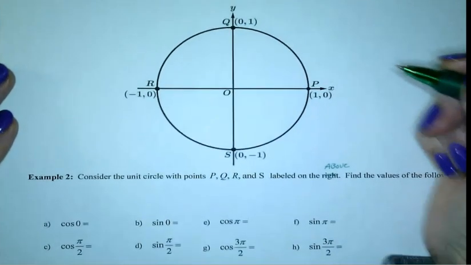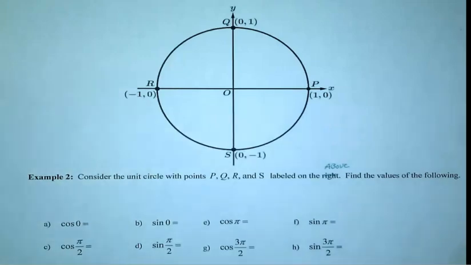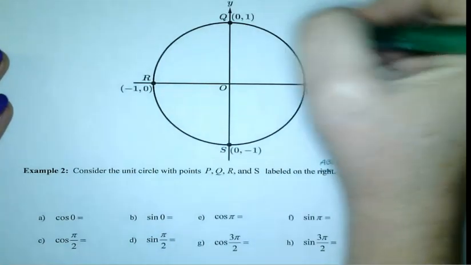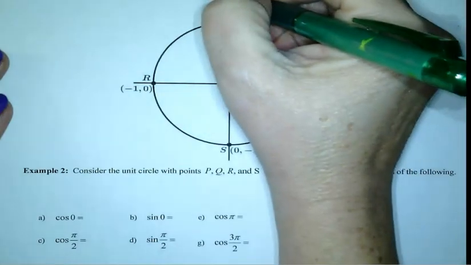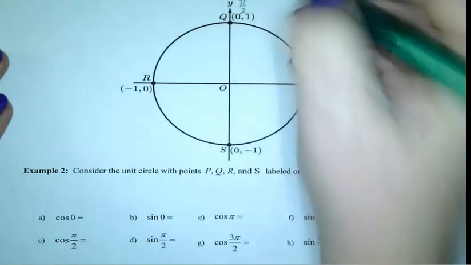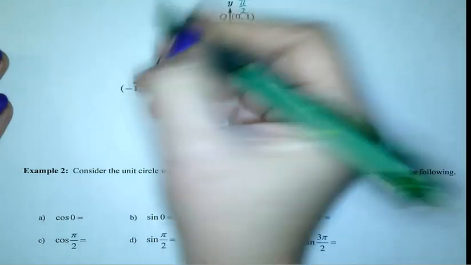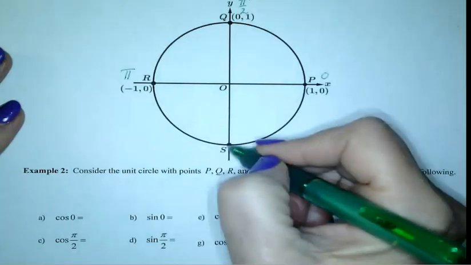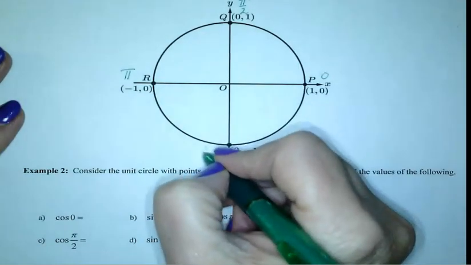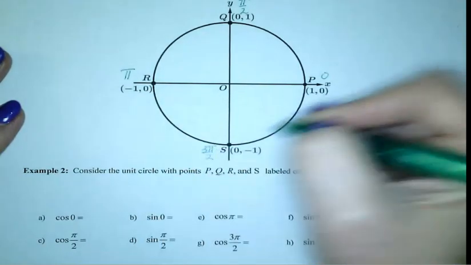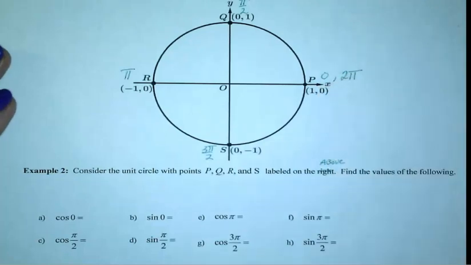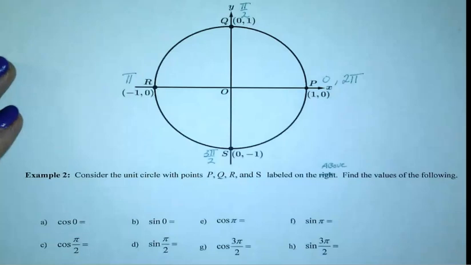So let's go ahead and count off and mark our quadrantal angles. We can start at 0, and this would be half of the distance around, or pi over 2. And then half of 2 pi is just pi. Then we're 3/4 around the circle, so this is 3 pi over 2. And then we're right back to where we started, so this could also be 2 pi.